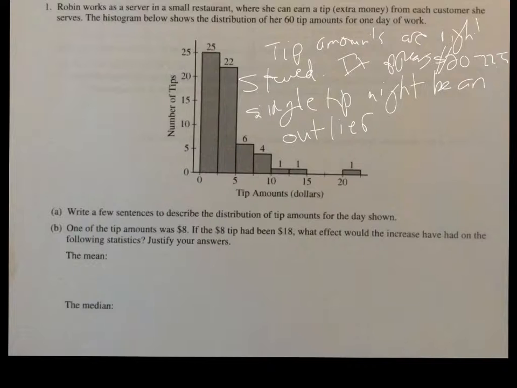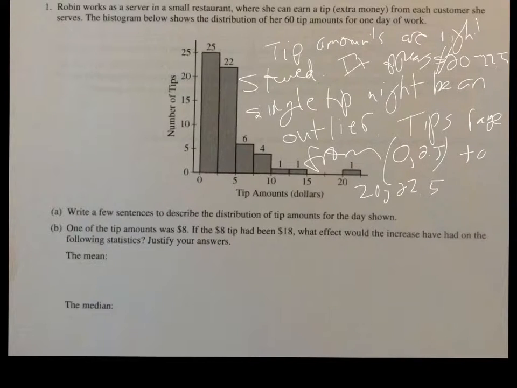Spread. Tips range from 0 to 2.5, that minimum interval, to 20 to 22.5. What you can't say is 0 to 22.5, because we don't know how much the actual minimum tip was.